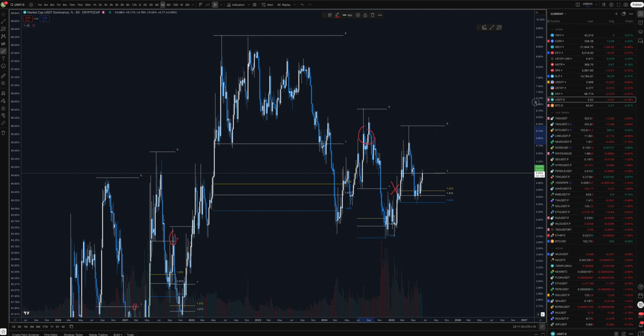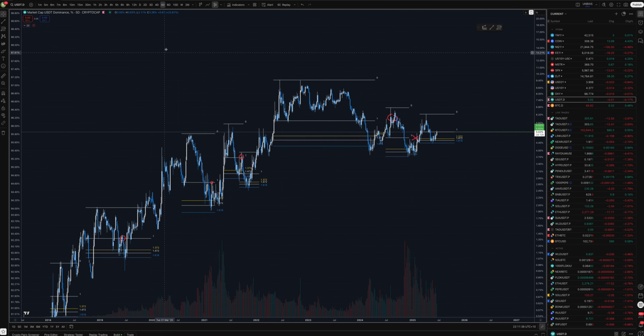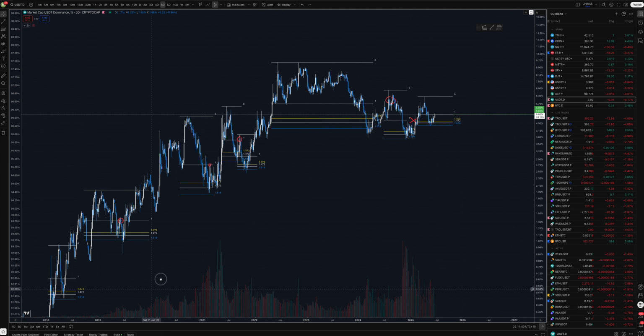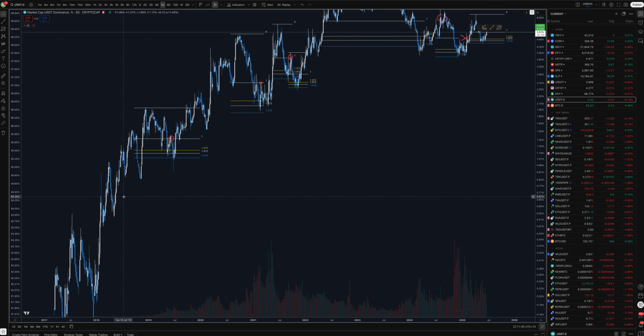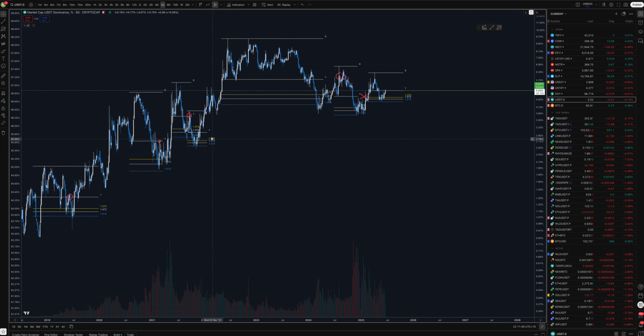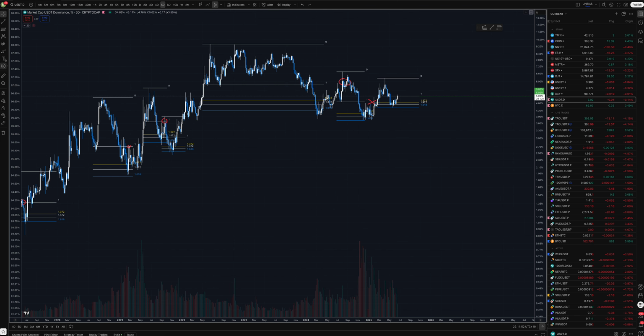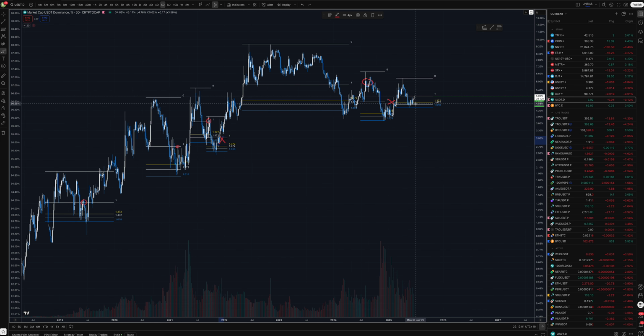So let's count it up, shall we? I wouldn't even count that as a measurement back here, but it did go to 1618. But we'll use the 1, 2, 3, 4. We'll even use this one as an X here, right? 1, 2, 3, 4, 5, 6. 4 out of 6 times we bounced from 1.